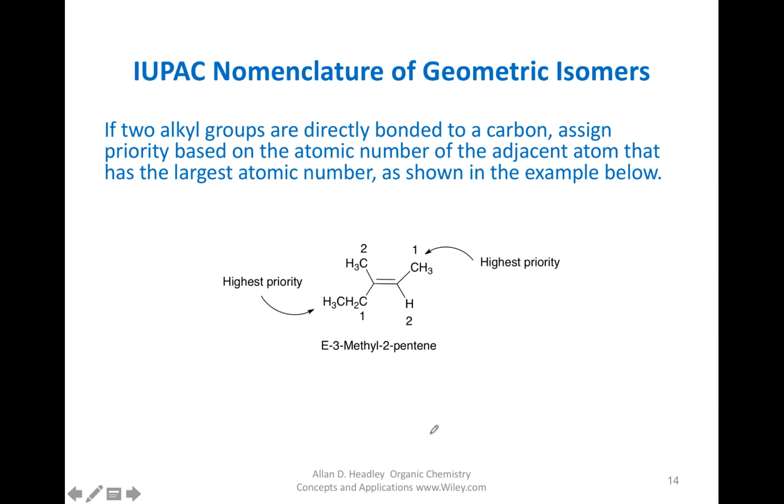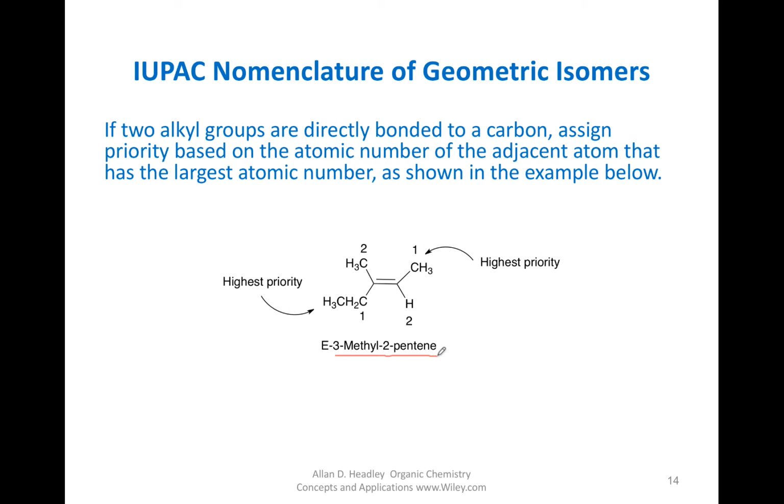It's getting a little more difficult here because if you're asked to give the IUPAC name of this molecule, you could say it is 3-methylpentene, but they are different isomers, or there is at least another isomer of 3-methyl-2-pentene, which would be the geometric isomer.